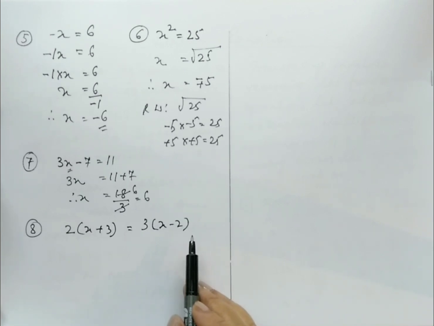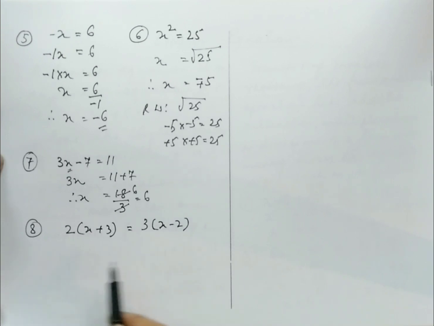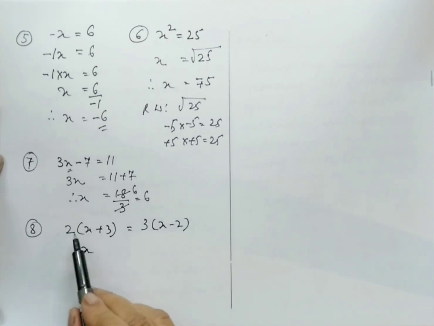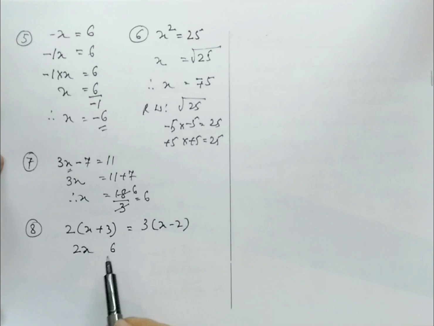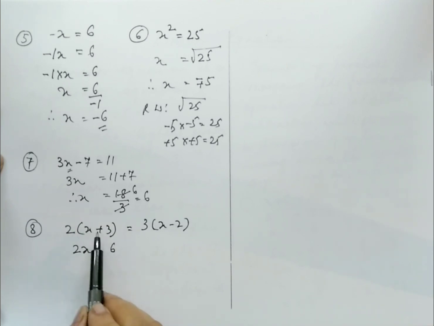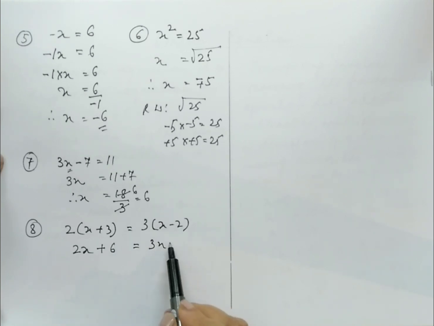So whenever there are brackets, we need to see to it that they are also dissolved, which means 2 will multiply with x to give us 2x. 2 into x is 2x. 2 into 3 is 6. What about the sign? What decides the sign? As per the integers, plus 2 multiplied by plus 3 gives me a plus sign. Here 3 into x is 3x, and plus 3 multiplied by minus 2 gives me a minus 6.